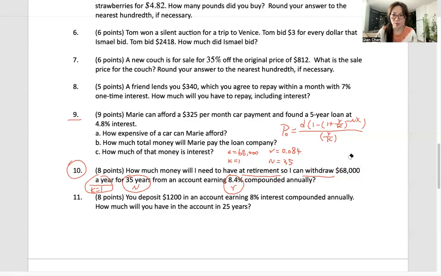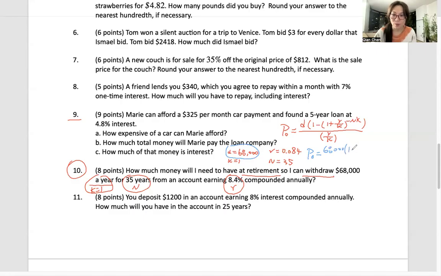Let me use this space. We're looking for P naught, which we don't know. So P naught equals, we know D, D is 68,000.